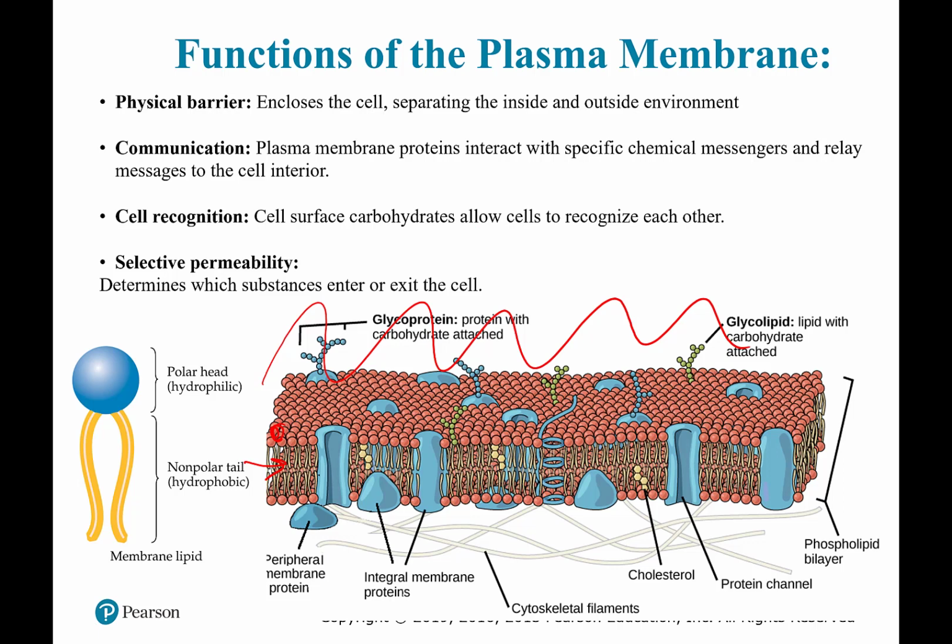Another thing that you can see from the plasma membrane is that there are some chains of carbohydrates or sugars. We call these glycolipids. These guys here are basically chains of carbohydrates. They serve as signaling molecules that cells use to communicate with each other.